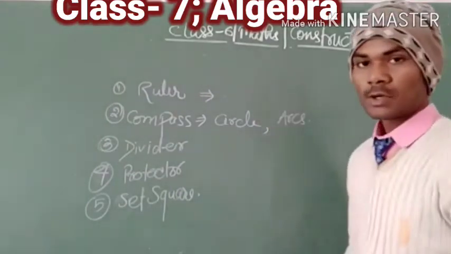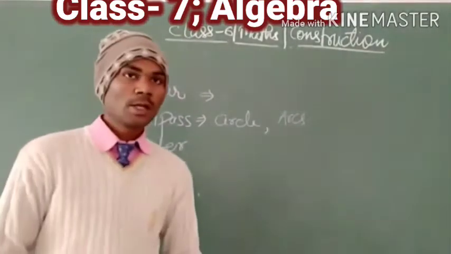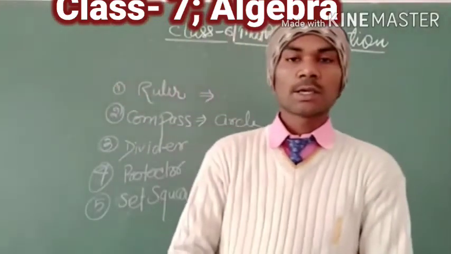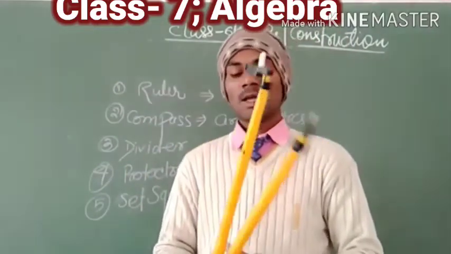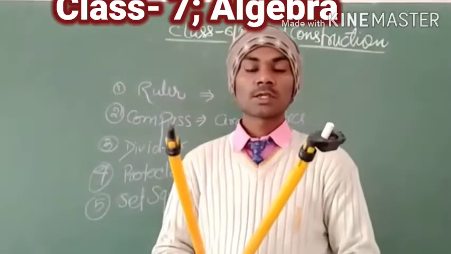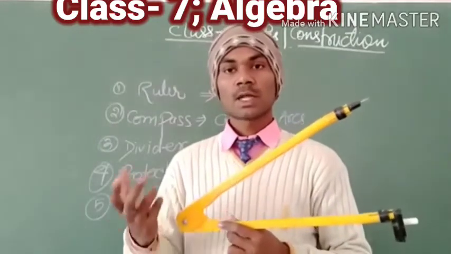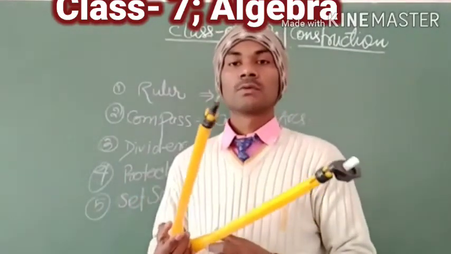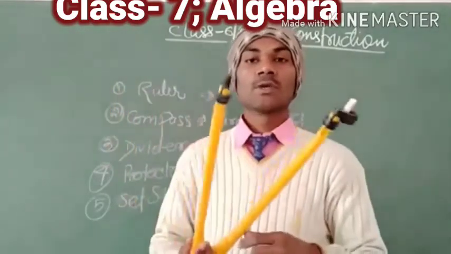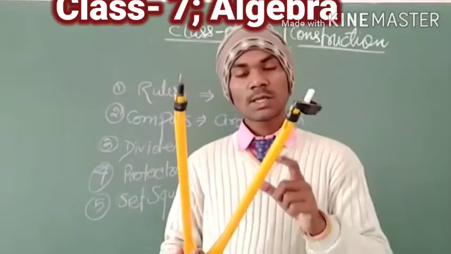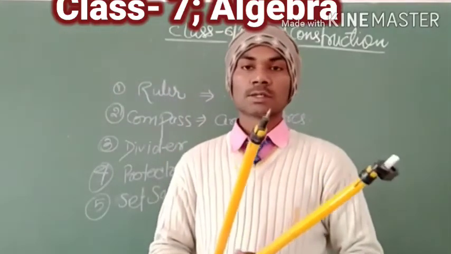Here in my hand I have a compass, and we use it to draw a circle or an arc in order to do a small construction as the question is given. So this is a very important tool in construction.